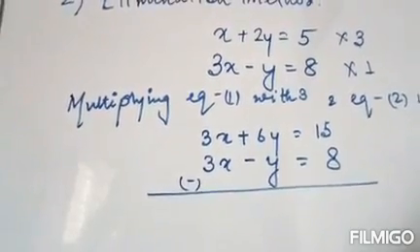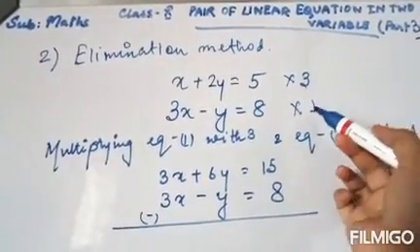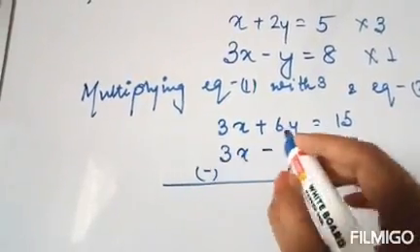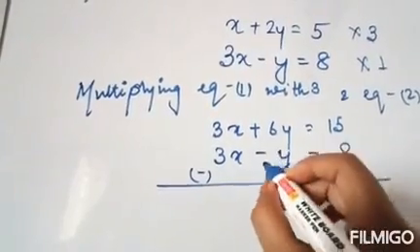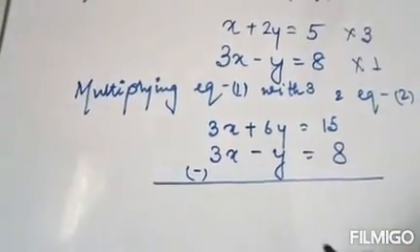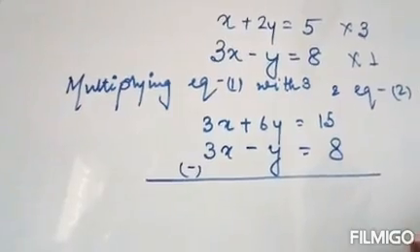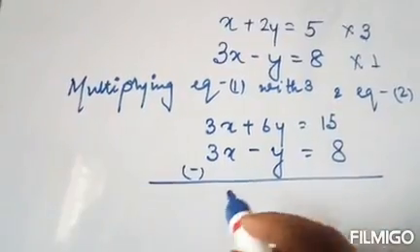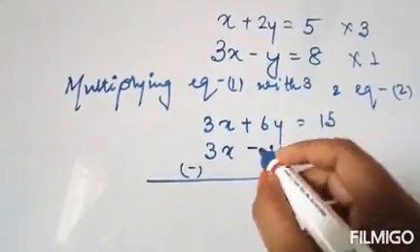You can multiply with minus 1 also, and you would have got minus 3. So I'm changing the sign of the second equation. If it was already minus 3, I would not have to change any sign. But as these signs are equal, I cannot eliminate the variable, so I have to change the sign.